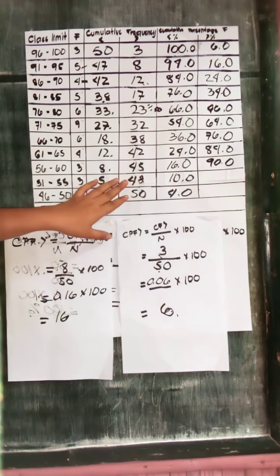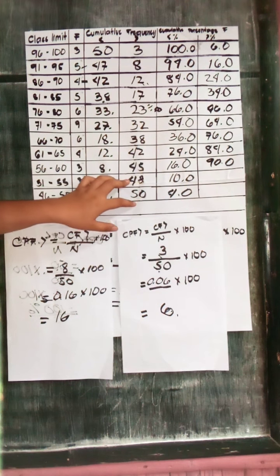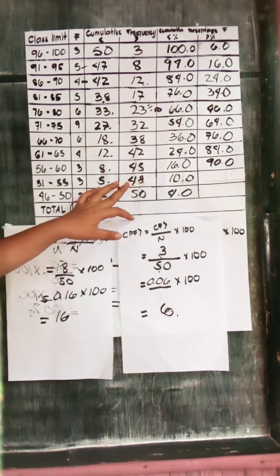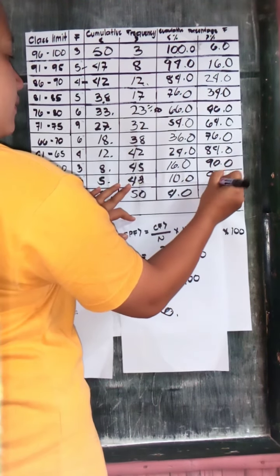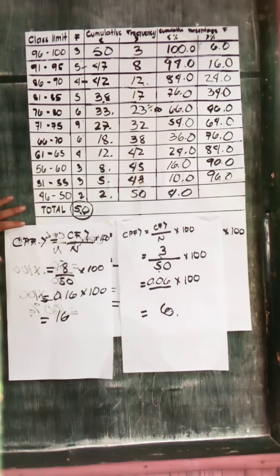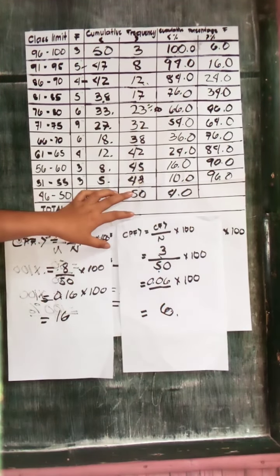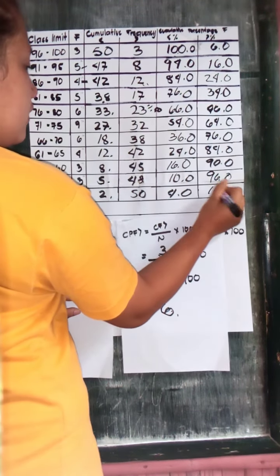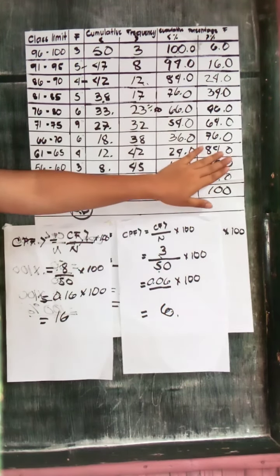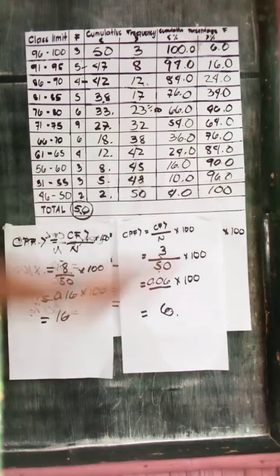And 48 divided by the number of cases, 50, is equal to 0.96. And 0.96 times 100 is equal to 96. And 50 divided by 50 is equal to 1, times 100 is equal to 100. And that is how to find the cumulative percentage frequency greater than.